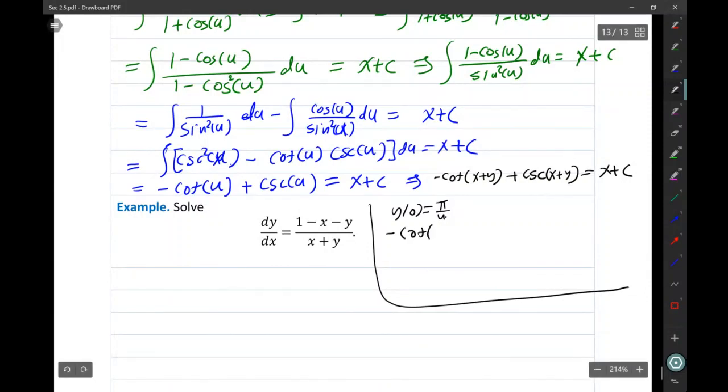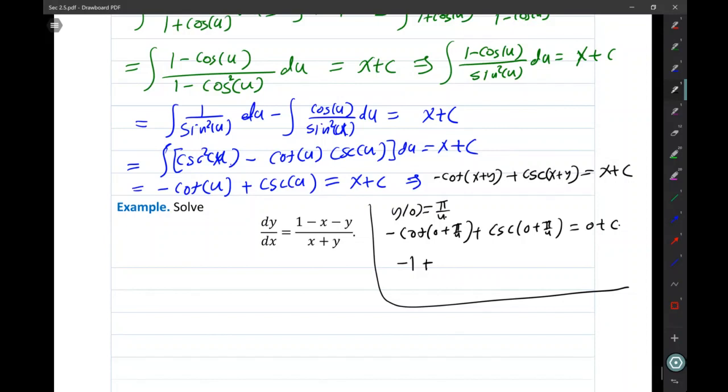It becomes minus cotan of 0 plus pi over 4, plus cosecant of 0 plus pi over 4, is equal to 0 plus c. Now cotan of pi over 4 is 1, multiplied it becomes minus 1, plus cosecant of pi over 4, which is square root of 2.